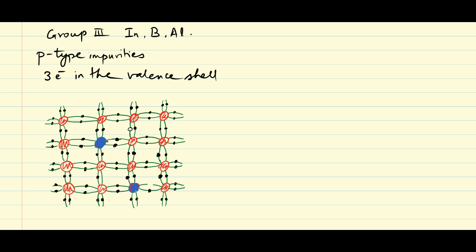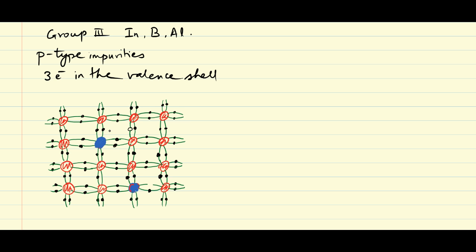So you can see now that we have a situation where boron is now covalently bonded with all four of its silicon neighbors, and the process has also generated a hole, a positively charged hole, which is mobile, which means it can move freely in the lattice and hence contribute towards the electrical current.